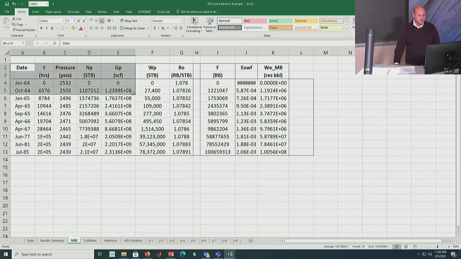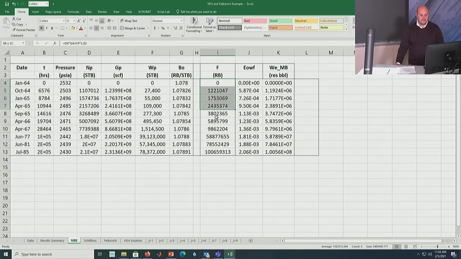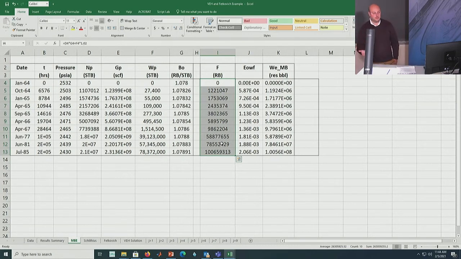So these columns here, A through G, were given to us in the data. This is our production data: date, time, pressure, oil produced, gas produced, water produced, and the formation volume factor. What we're going to do is calculate F. F is the production of fluids, and this is an undersaturated reservoir, so it's pretty straightforward.